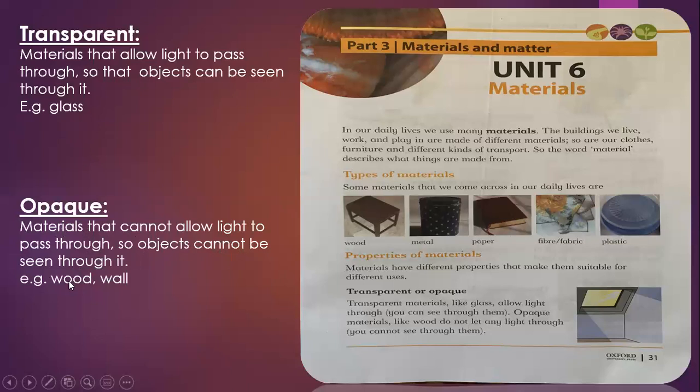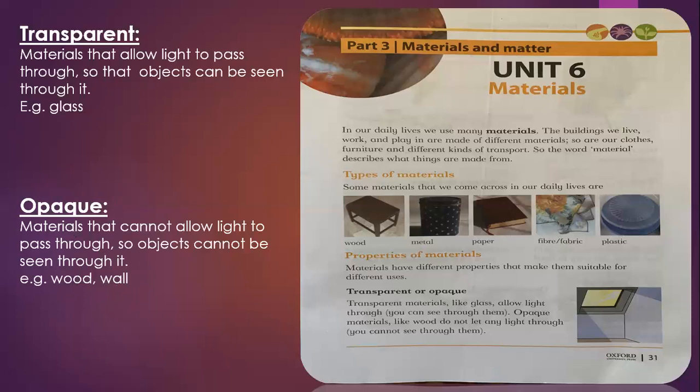But if there is wood or a wall in front of you, then you cannot see through it. If you are in a room, then you cannot see anything in another room because there is a wall between them or there is a wooden door. So these materials we call opaque. Transparent and opaque are opposite to each other.